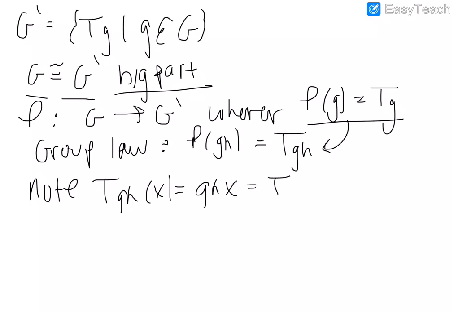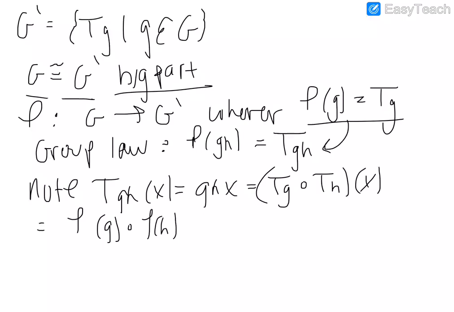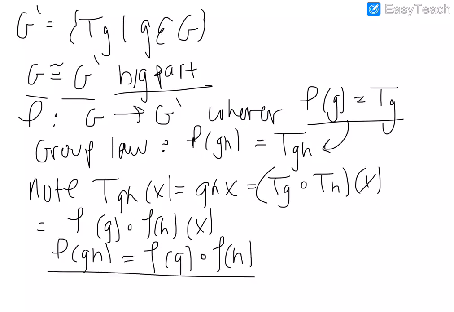That's also just equal to T sub G composed with T sub H, all composed with X, which is also equal to phi of G composed with phi of H composed with X. This thus showed us that phi of GH is actually equal to phi of G composed with phi of H, which is a very important part.